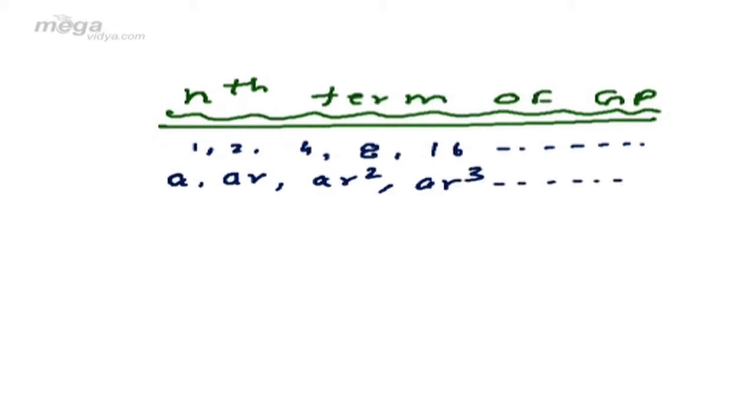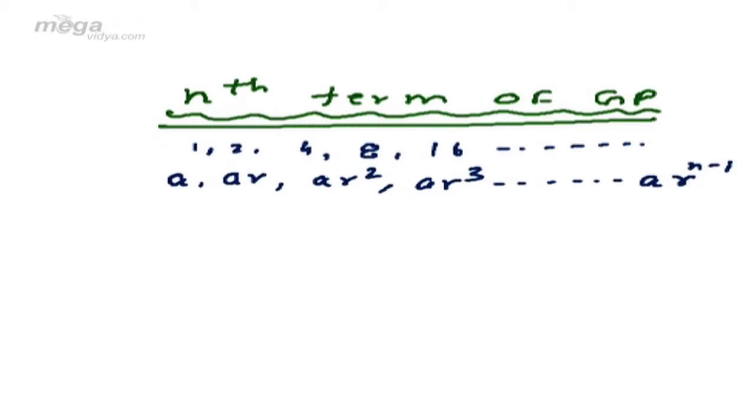Therefore, the last term of this sequence is AR to the power n minus 1. Because A is the first term, AR is the second, and the third is AR to the power 2, where 2 indicates 3 minus 1. AR cubed, where 3 indicates 4 minus 1. Because of this, the last term, that is the nth term, is AR to the power n minus 1.